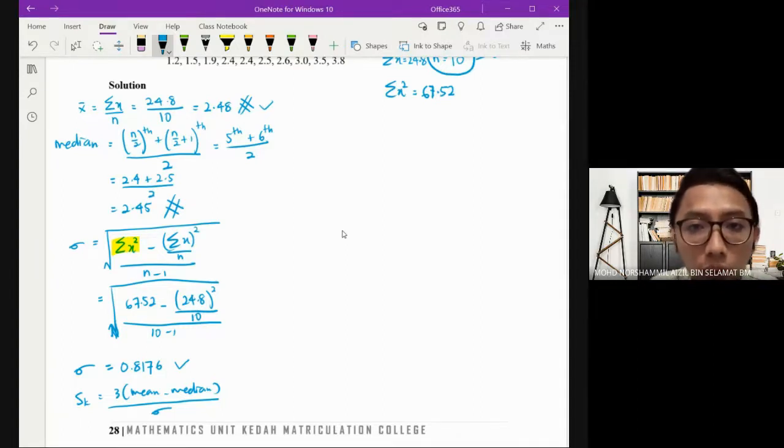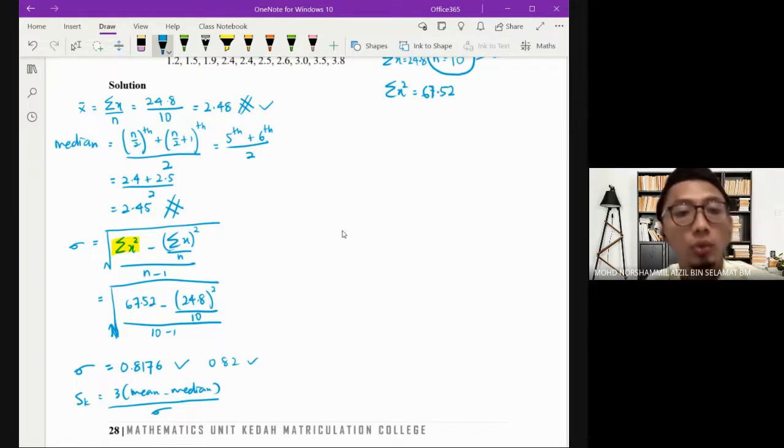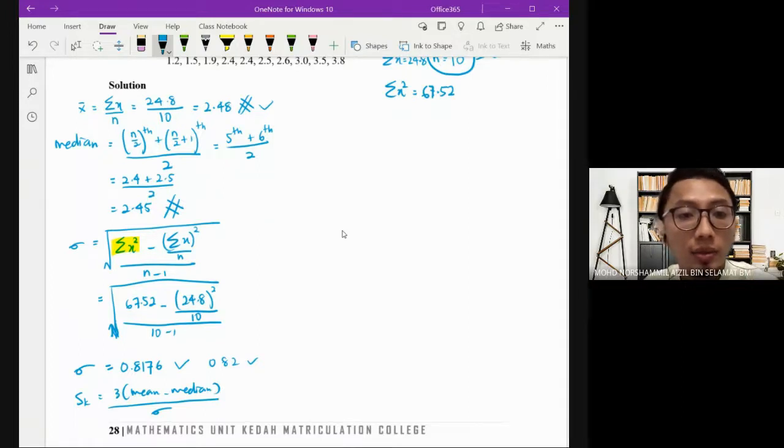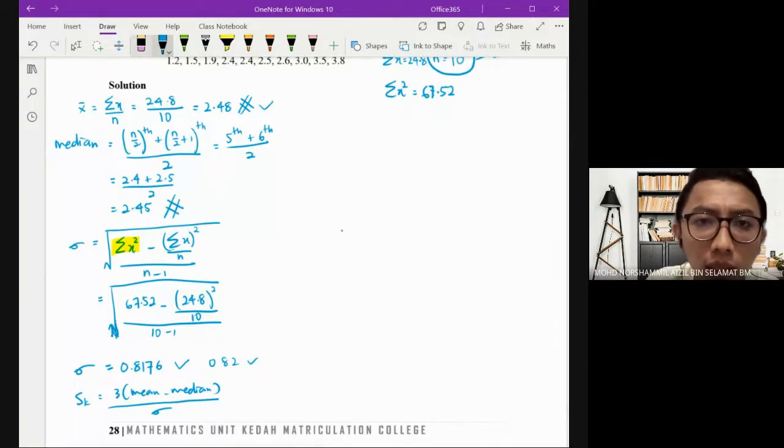You cannot suddenly use 2 decimal places for this one, like 0.82, and then give 3 decimal places for the final value. That's wrong. The value will be off. Can you understand? Understood, sir. We cannot round off early. If you round off early to 2 decimal places and then give 3 decimal places in the last value, there will be a lot of error. Alright. So what we can do is try to have more decimal places in earlier steps. For example, if you want the final answer to 3 decimal places, then the previous calculation should be at least 4 decimal places.